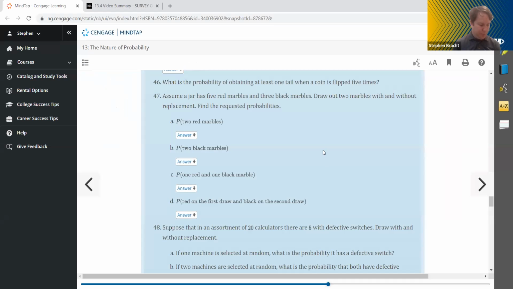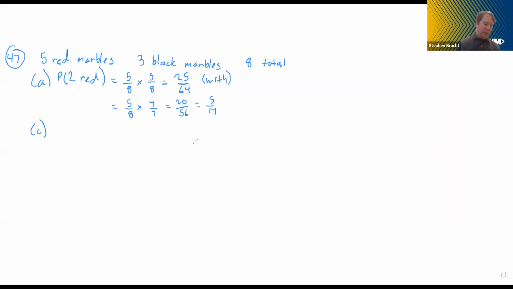Okay. Part C, it says, what's the probability of getting 1 red and 1 black marble? Okay. So if we're looking at the probability of 1 red and 1 black, there's actually 2 ways that could happen. You could get red on the first draw and black on the second, or you could get black on the first and red on the second, right?